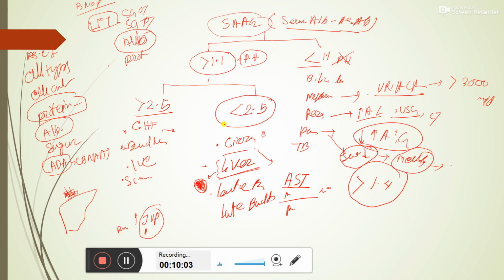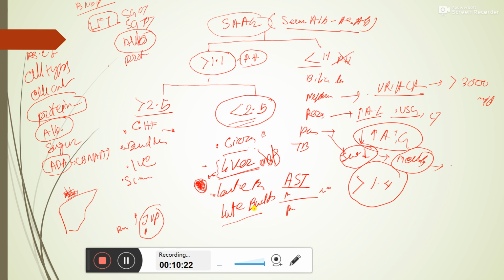If there is high SAAG and low protein, less than 2.5 gram per dl, then there are also some differential diagnoses like cirrhosis of liver, liver mets, and late Budd-Chiari syndrome.